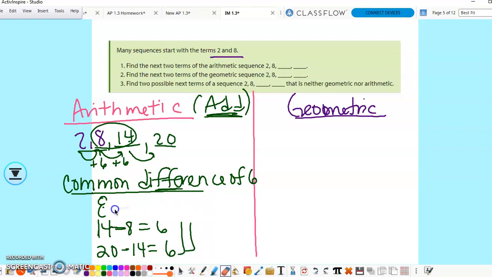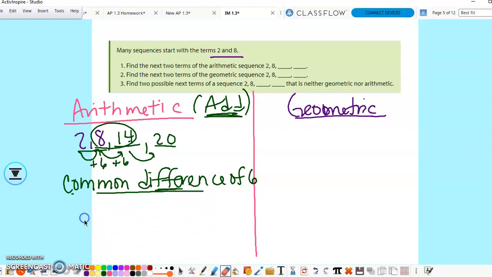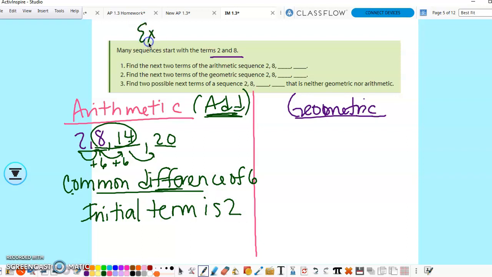All right, let me make a little bit more room though. This is where our initial term, you always want to state your initial term, is 2. Then we're going to write our explicit form. Explicit form is just the function notation.